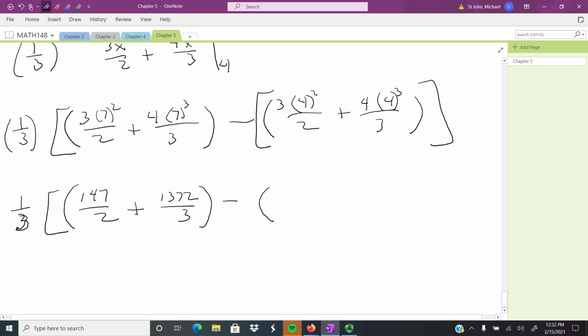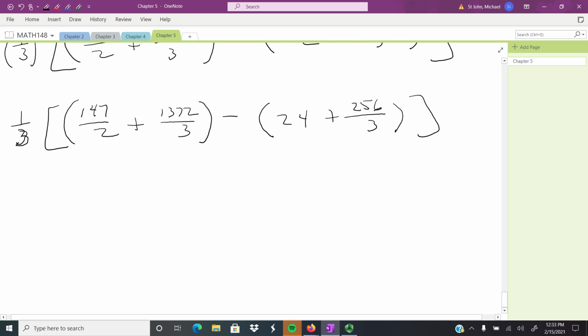and then on this side, actually get rid of this bracket here. All right, that's better. On this side, this will be 24 plus 256 over 3. Again, for the add or subtract, we need to have a common denominator. So this one is going to give us 3185 over 6.